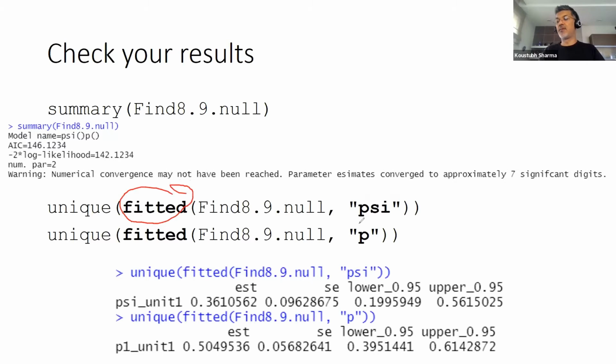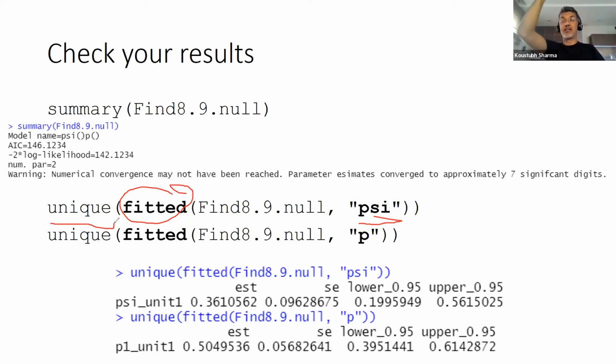And then here we mention psi. So we are estimating the fitted parameter and we are looking for psi. So what is the psi? The only reason I put unique here is because occupancy estimators estimate psi for each site. So if I don't use unique here, I'll get a list of 25 sites.